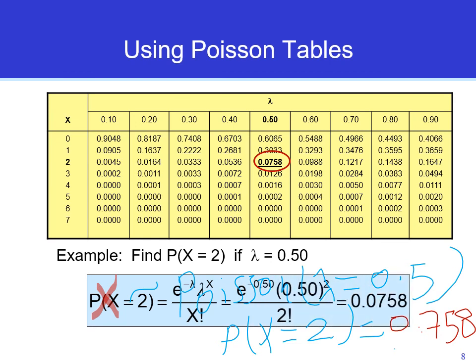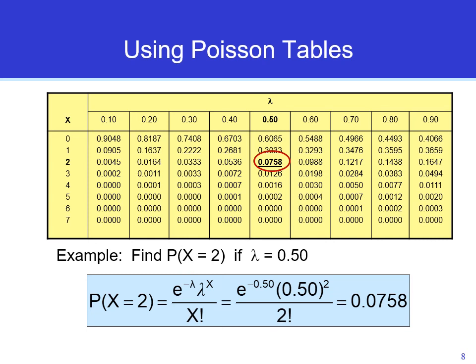So we can now use the formula and plug in the values of lambda equal to 0.5 and x equal to 2, and using a calculator we can easily find this value, 0.755. Also we can use Excel, for example.